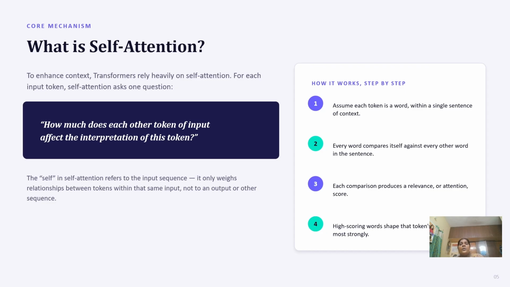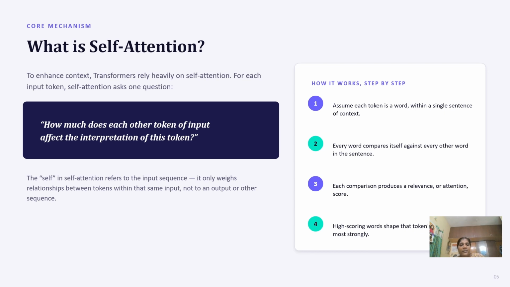When you talk about the working of a transformer based on self-attention, we could go with a step-by-step process. Number one, assume each token is a word within a single sentence of context. The second is every word compares itself against every other word in the sentence.